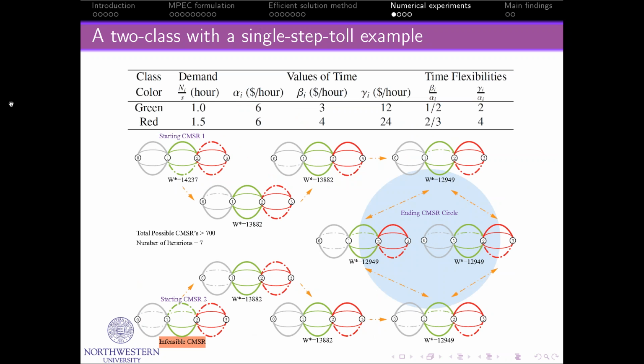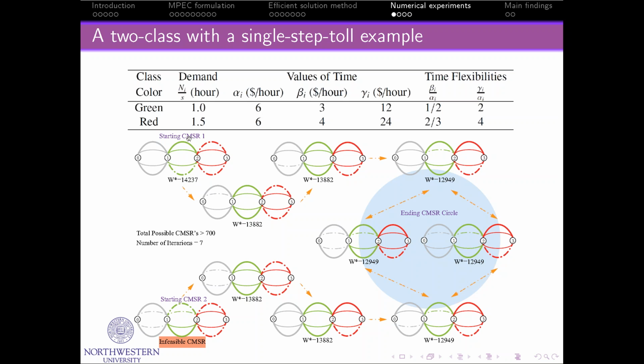Here we first show a two-class with a single-step example. For this small example, we know that the total number of possible CMSRs is larger than 700. However, the efficient solution method uses around 7 iterations to find the optimal solution.